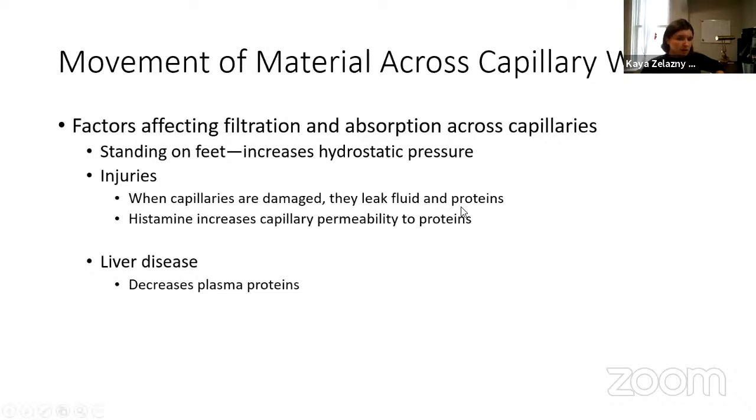So when we're injured, we may end up with more proteins in that interstitial fluid and not in the blood anymore. Additionally, a hormone acting in the case of injury is going to increase the capillary permeability to proteins, which also allows those proteins to move from the blood to the interstitial fluid.